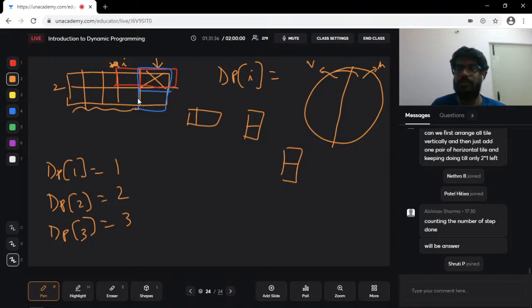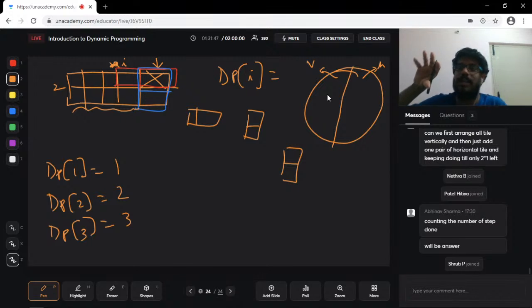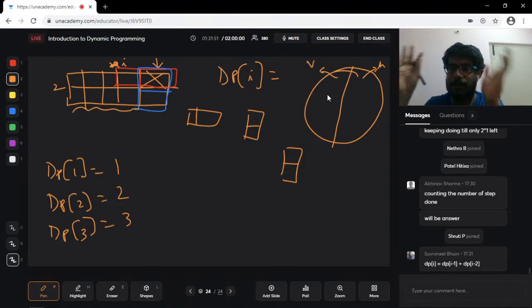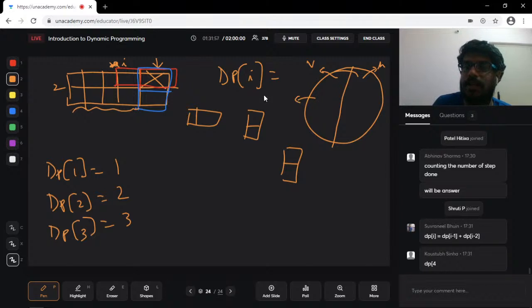So this contains all the valid tilings in which the top right thing is a vertical tile. Let me take that out common from all of them. What I'll be left with is a bag containing all valid tilings of 2 cross I-1, and the number of ways there is nothing but dp of I-1.